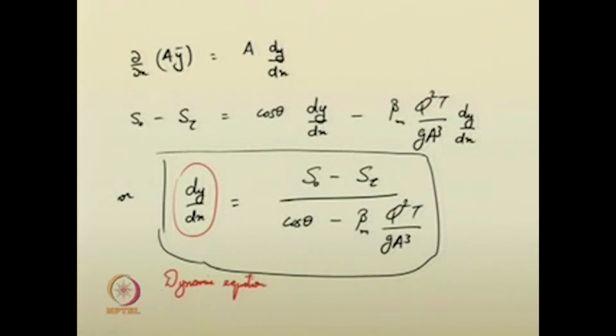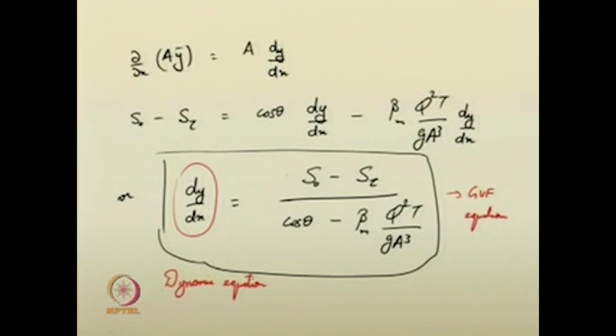This is a gradually varied flow equation, and it is also called the dynamic equation for the only reason that this equation was derived using momentum conservation. We have developed it using the equation of forces. Therefore, this is called the dynamic equation. You can also suggest it as a differential equation for gradually varied flow.